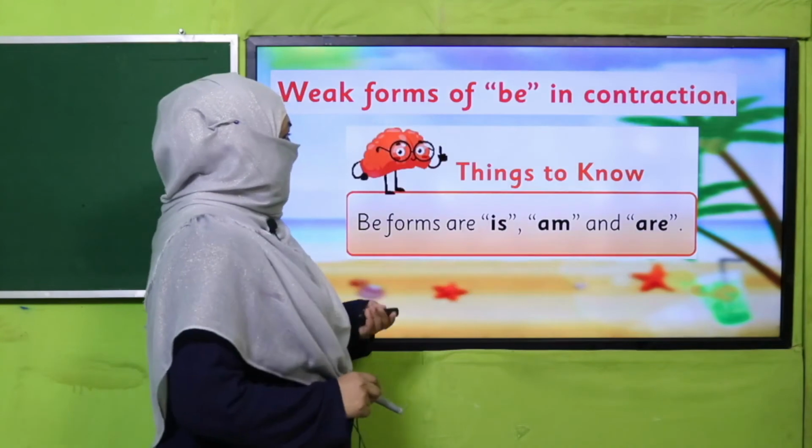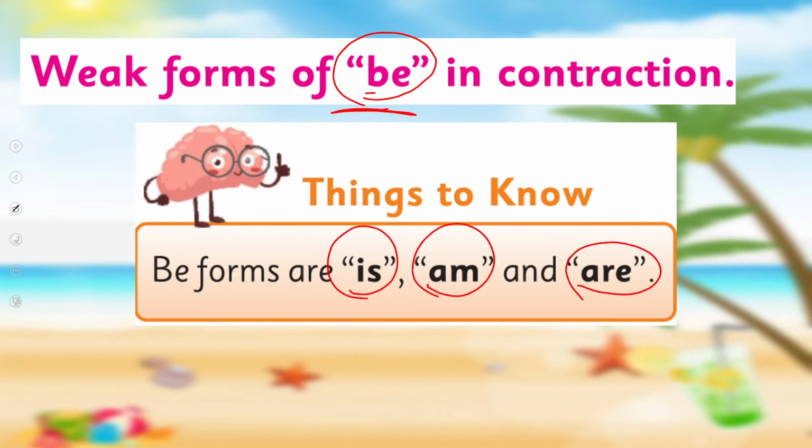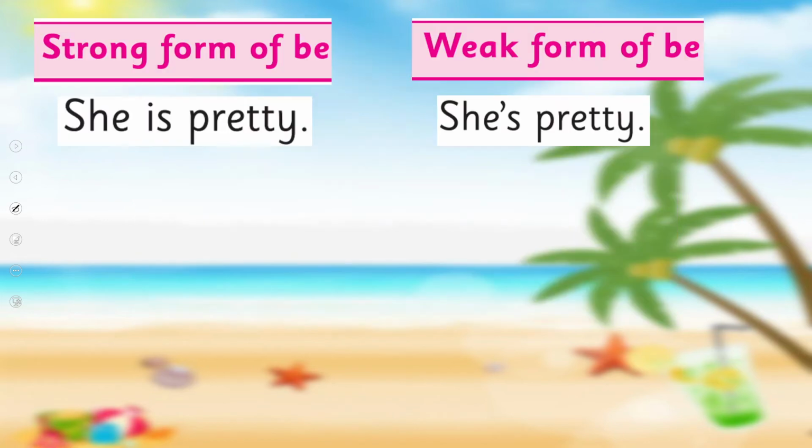Okay. So, B. Now we are going to talk about the weak forms of B. That means is, am and are. These are the forms of B. And when we say them speedily, they become the weak forms of B. And how do we say it? When it's a strong form, we say she is pretty.